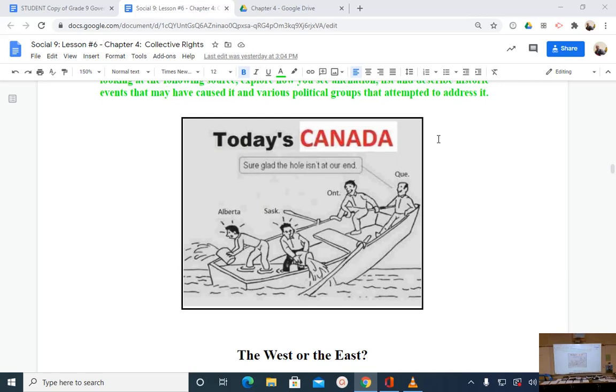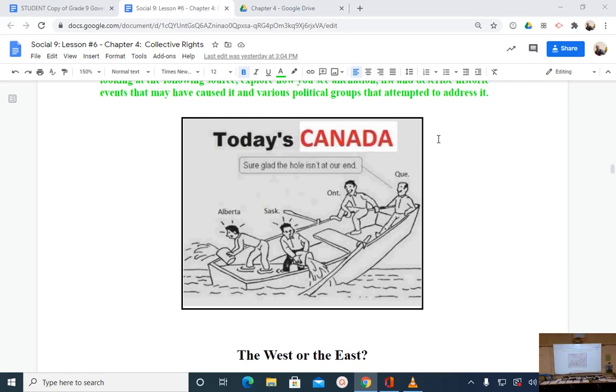So we try to unpack the cartoon, meaning we look at details within it. We look at some of the pieces of the illustration to try to find, what is the opinion about Canada?